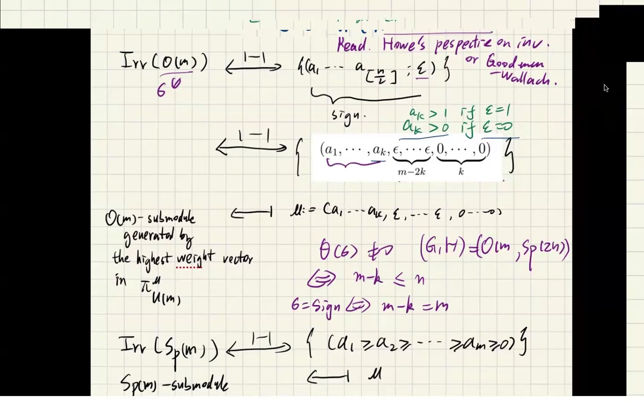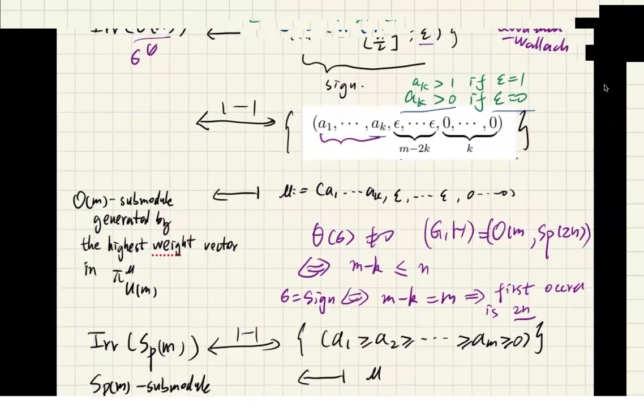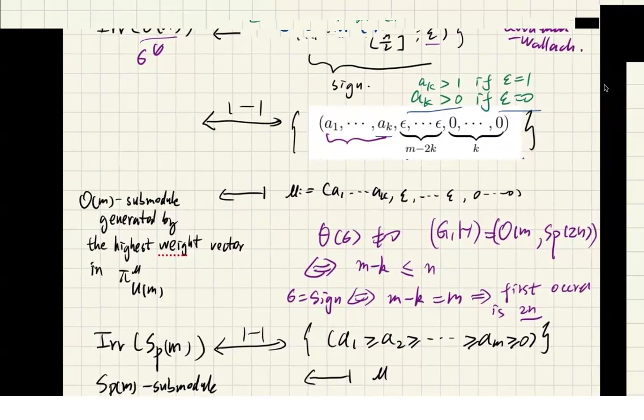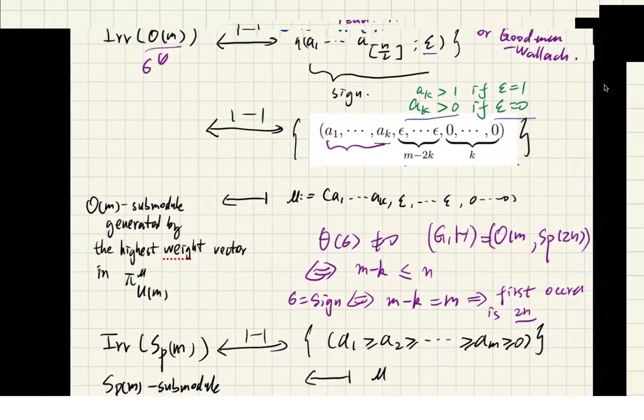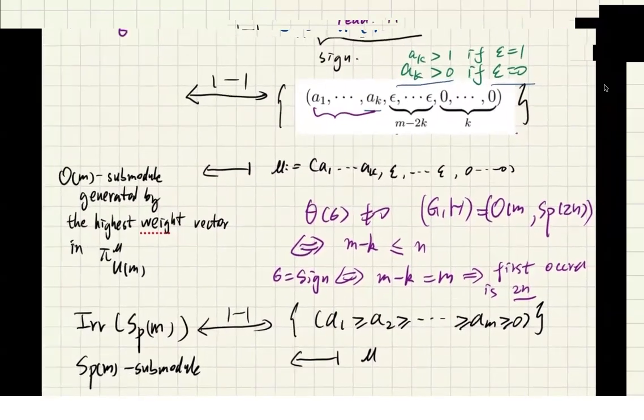So this implies that the first occurrence is 2n. So this is the latest occurrence possible, because k cannot be even smaller. So the sign representation actually occurs latest. This is a general phenomenon.